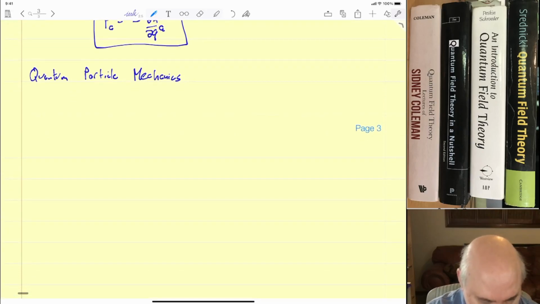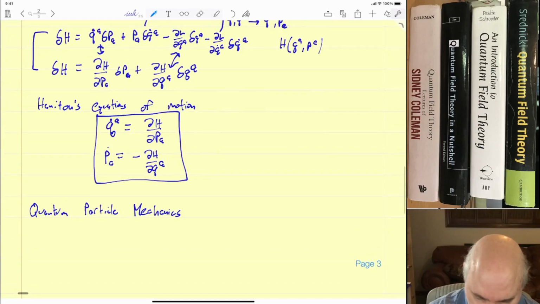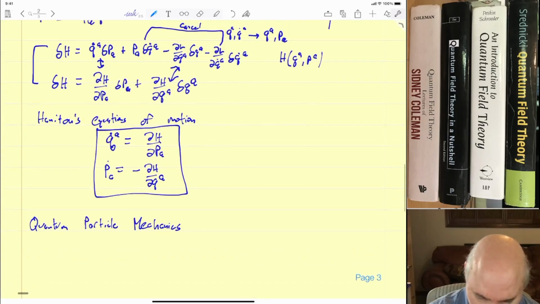I probably should do this over here. We also define what we call classical Poisson brackets. This wasn't used that much, I mean, it was used a little bit.